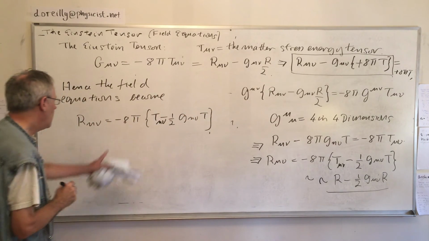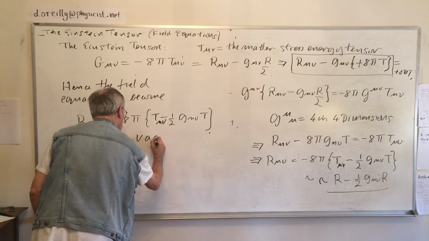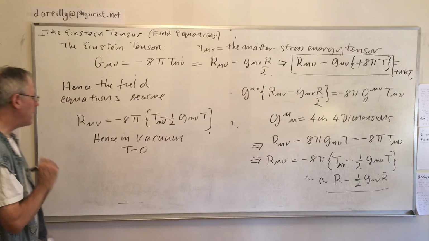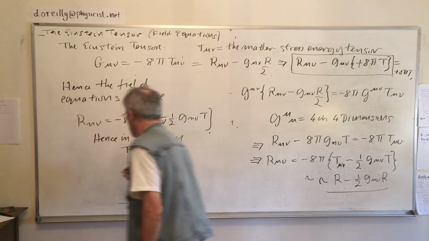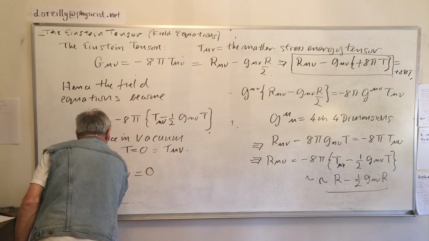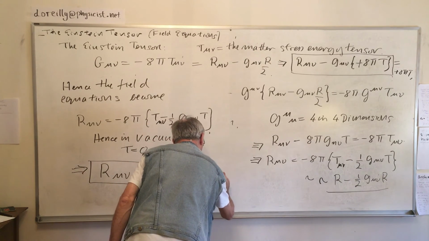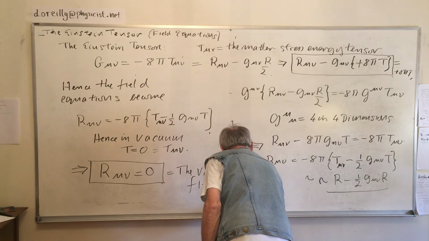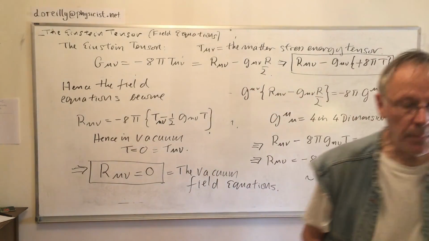So far so good. Hence, now in a vacuum, there's no matter present, so T mu nu and T become 0. We arrive at the vacuum field equations, which I'm going to look at.